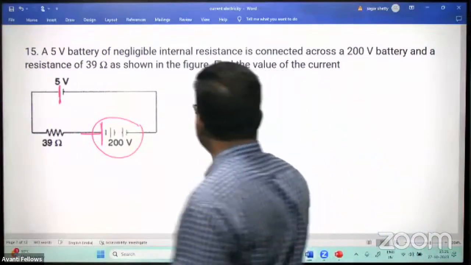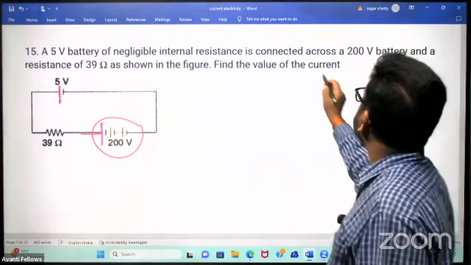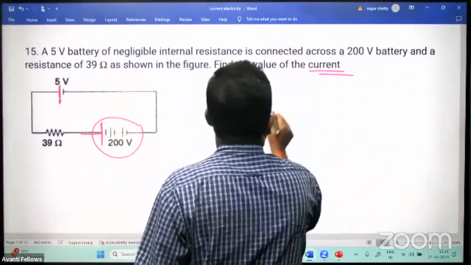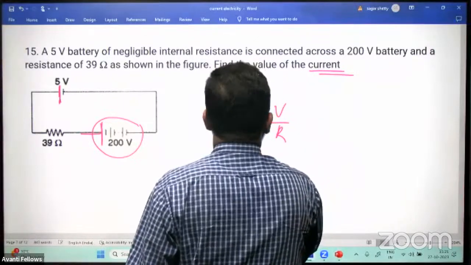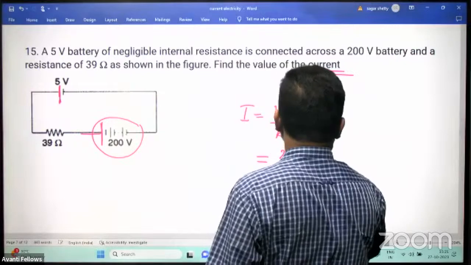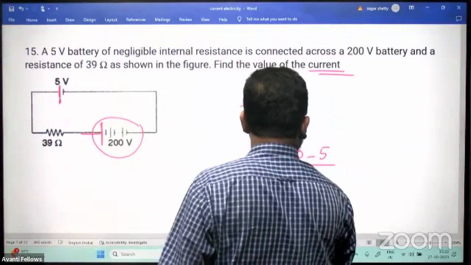So the net voltage will be 200 minus 5. We have to find the value of current. So current is equal to V by R only. Here V is 200 minus 5 divided by R, which is 39.